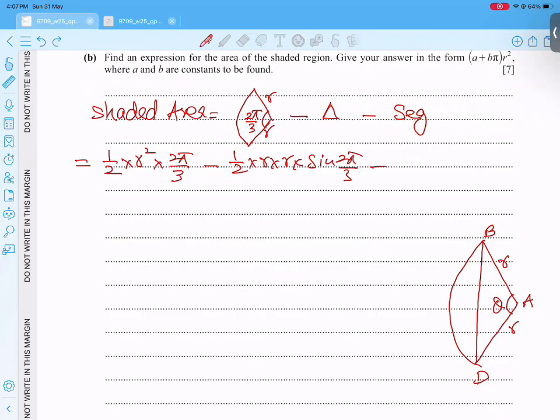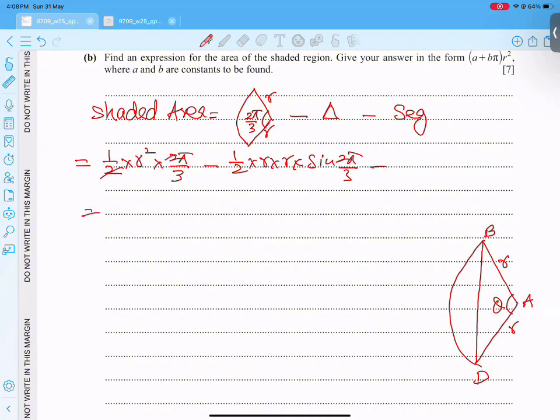And if we calculate the triangle area further, what is coming? Sine 2 pi by 3, if we check it in the calculator, make sure the calculator is in radian mode. If it is not in radian mode, we will not get our required answer. So sine 2 pi over 3 gives us root 3 over 2. So this 2 cancels out.